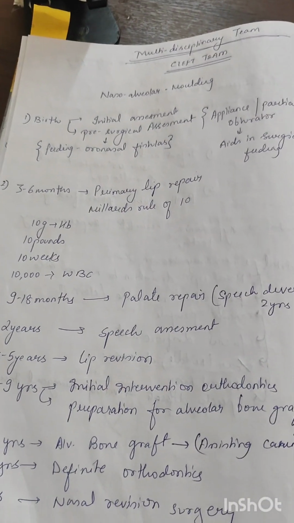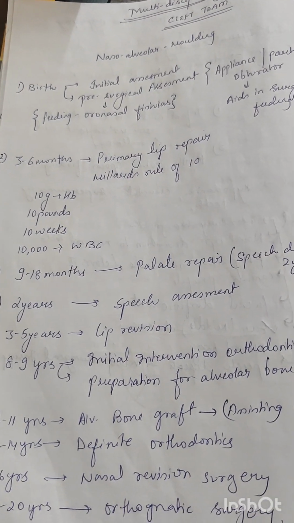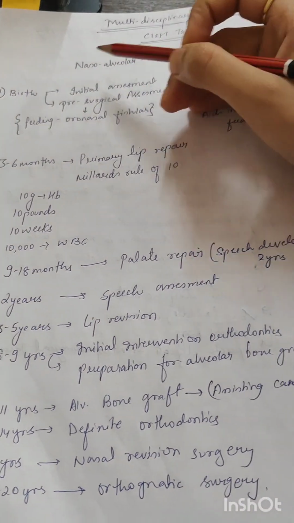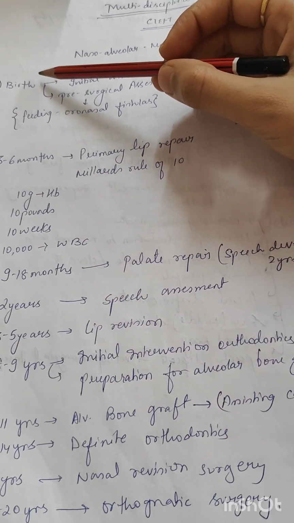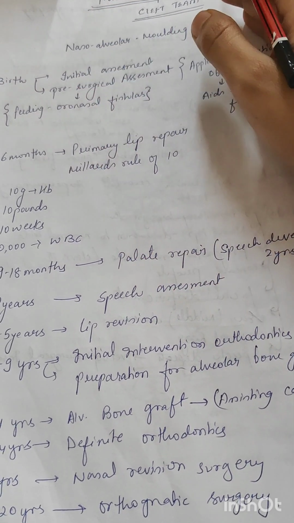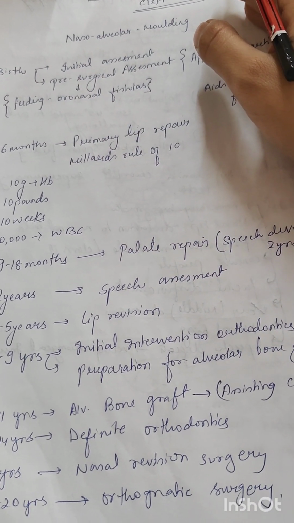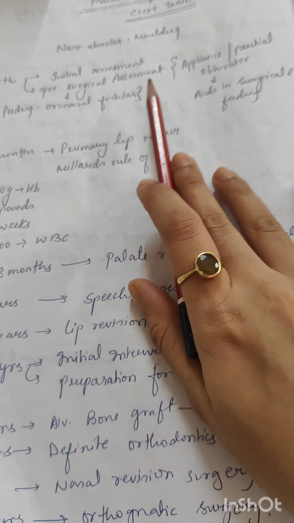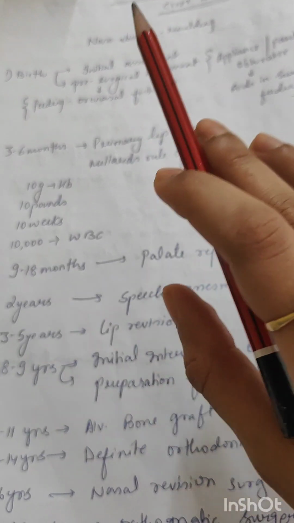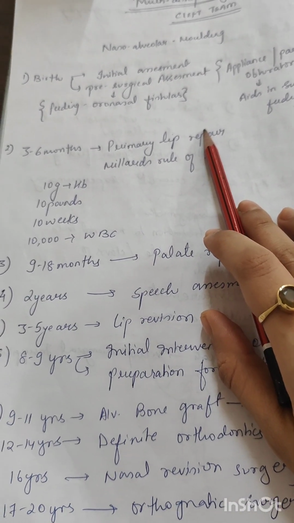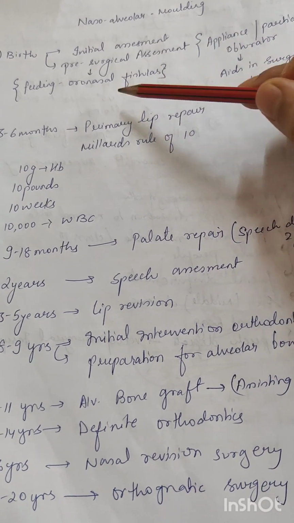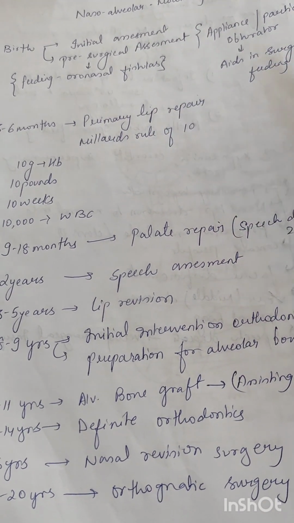So now how do we manage it? A multidisciplinary team approach is important for the management of cleft lip and palate. Here I have divided the management according to age. At birth, initial or pre-surgical assessment is done, for feeding and oroantral fistulas.